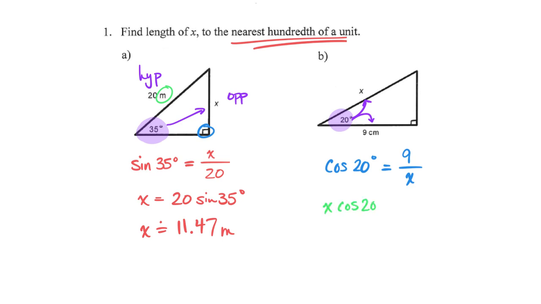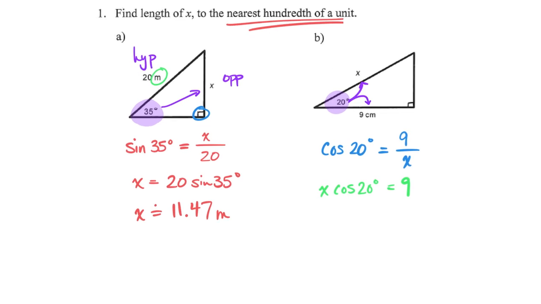I never have to see that line as part of your solution. Because you'll notice, for me to solve for x, I now have to take that cos 20 and divide it out. To get the x by itself, I have to get rid of a times by cos 20, so I need to divide by cos 20.